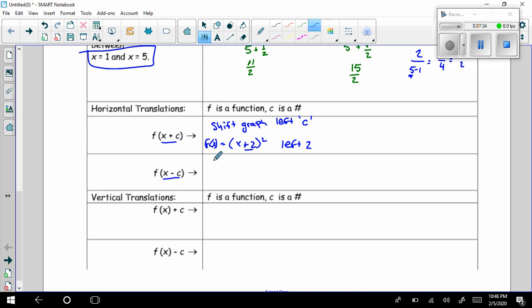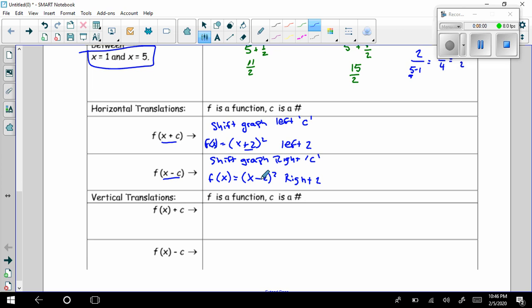And so your minus goes right. And that flipping has to do with the values that make it 0. Remember, those are your solutions to your function.